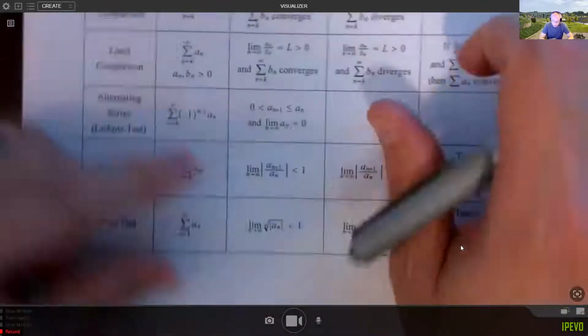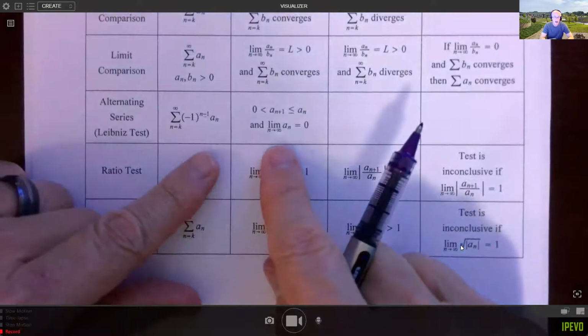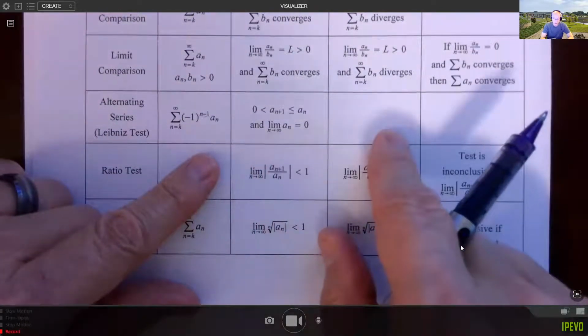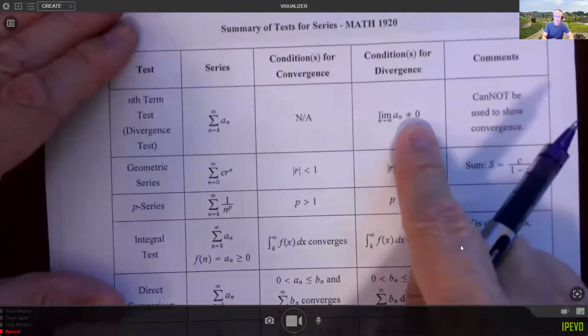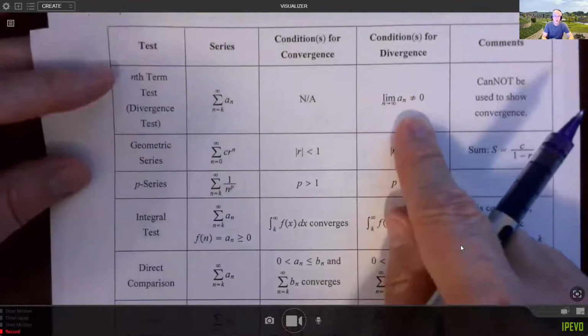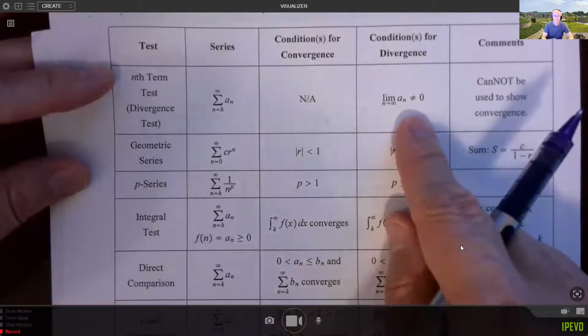That's what's in this column. So we know that series will converge if that's the case. Obviously, if the limit as n goes to infinity of a sub n is not zero, then we're back all the way up here at the nth term test. So you can see why number 127 is coupling these two together.